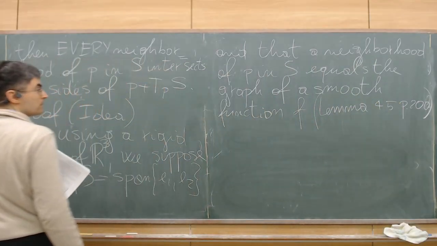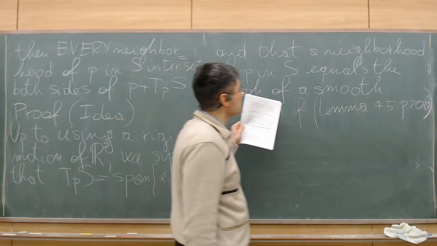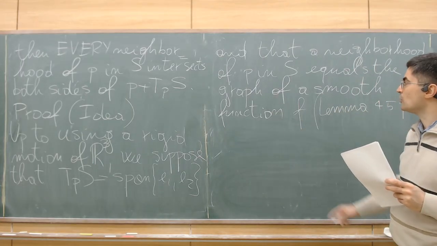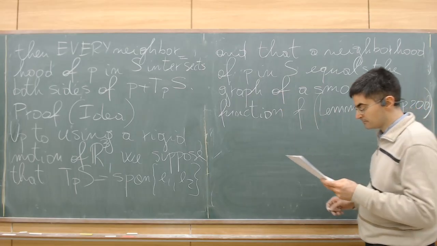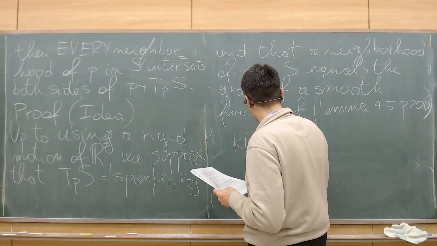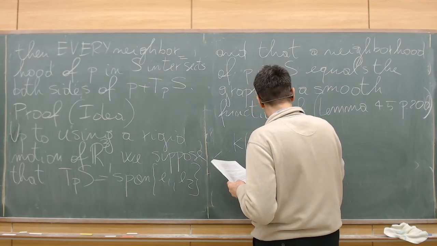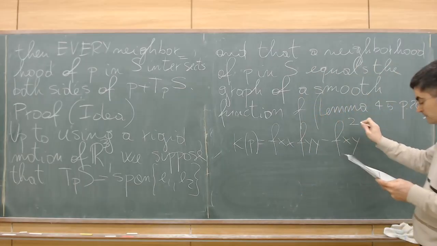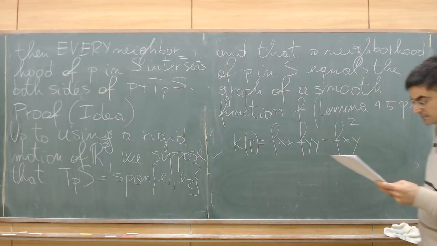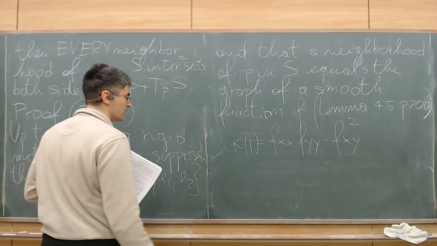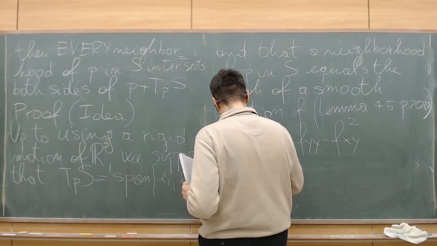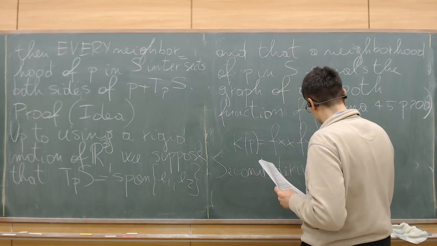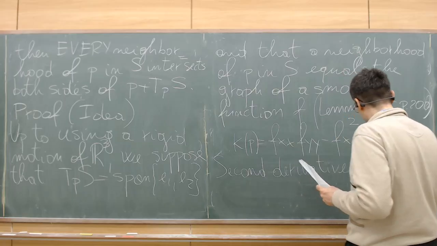Then what happens if we compute the curvature of the graph of a function f? This is given by this formula. And the result of the lemma now is a consequence of the second derivative test.